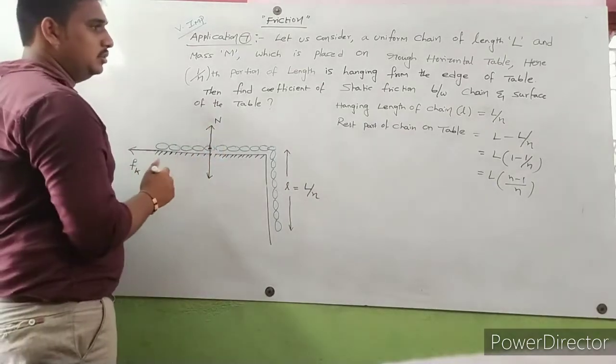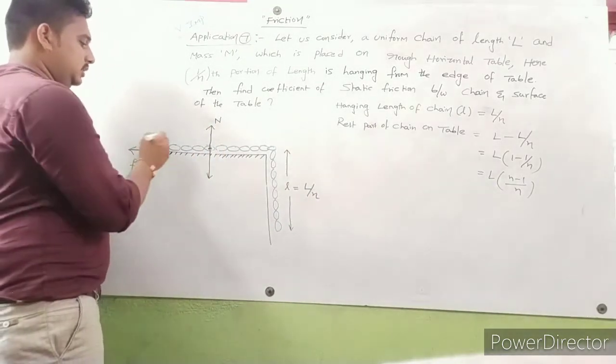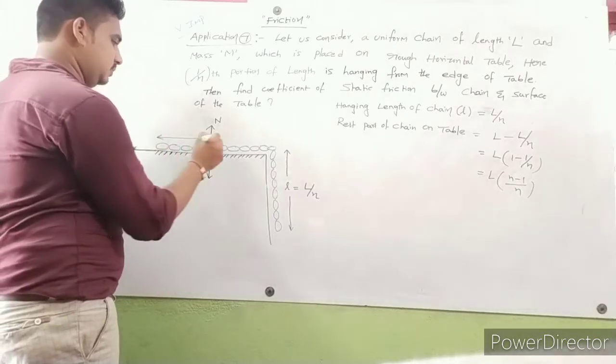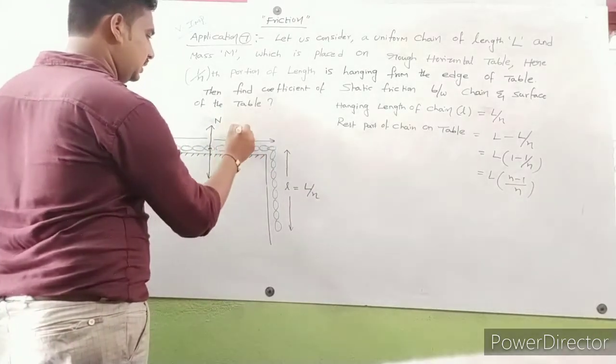So this portion of the chain has length capital L minus small l.